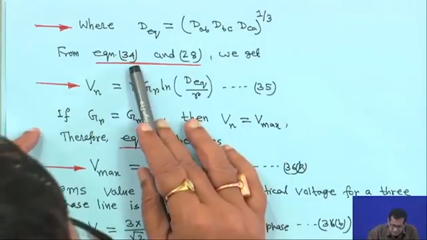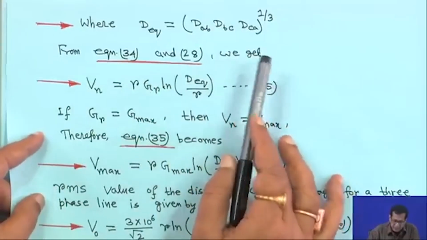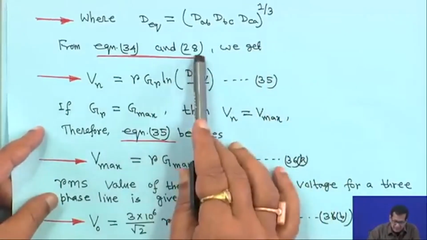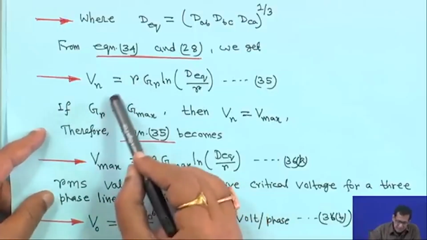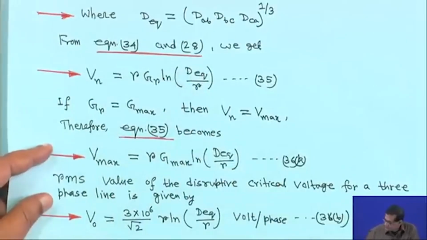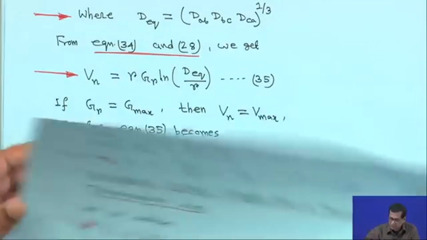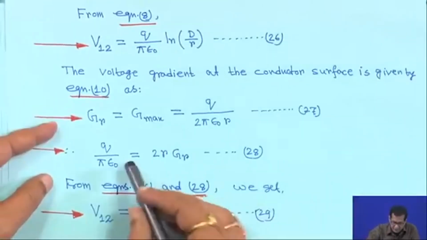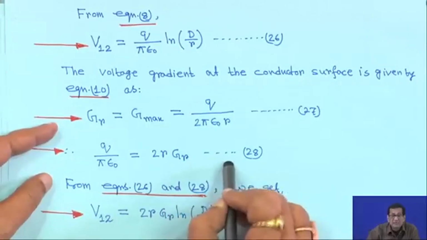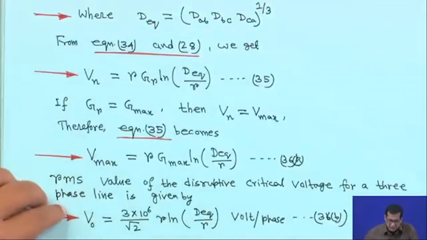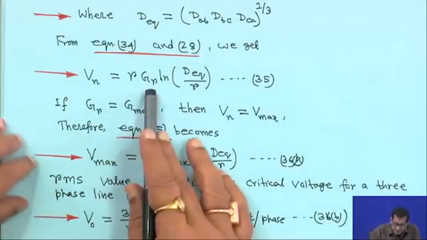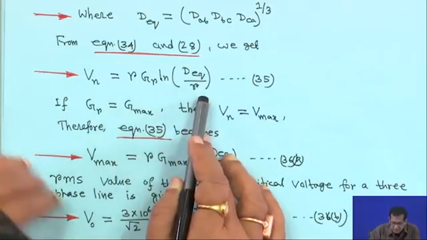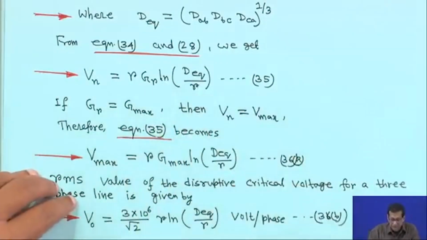So, from equation 34 and 28 you will get, in equation 34, this 28 is q upon pi epsilon 0 2 R g R. So, from this equation we get that Vn is equal to R g R ln dq upon R. This is equation 35.